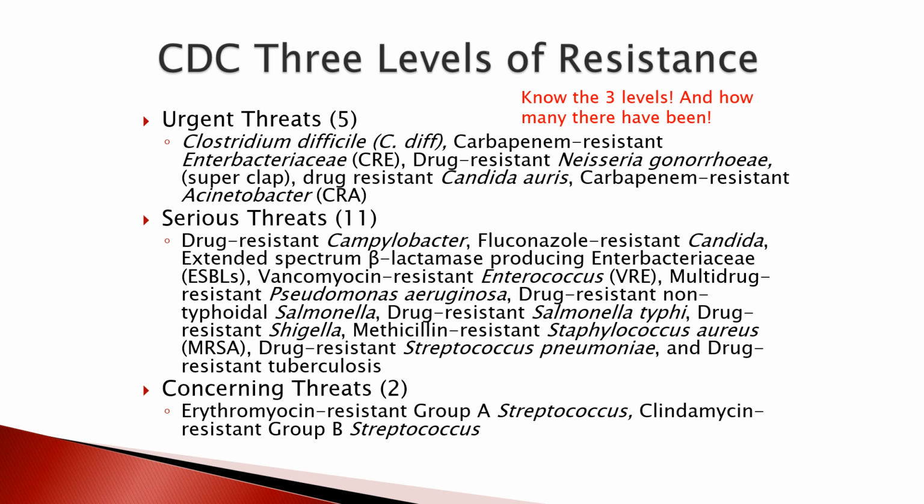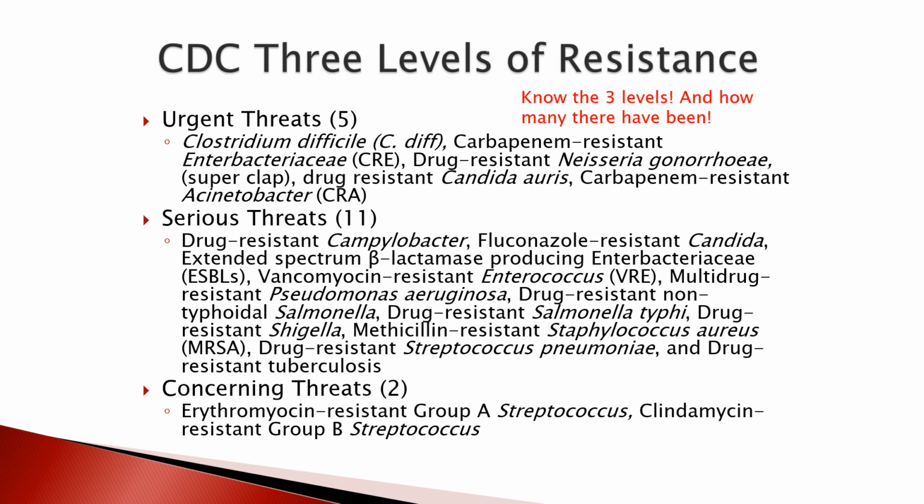So this is coming straight from the CDC. What I want you to know are the 3 levels and how many organisms fall within those levels of resistance. Starting at the bottom here, we have concerning threats. There are 2. Serious threats, there are 11.